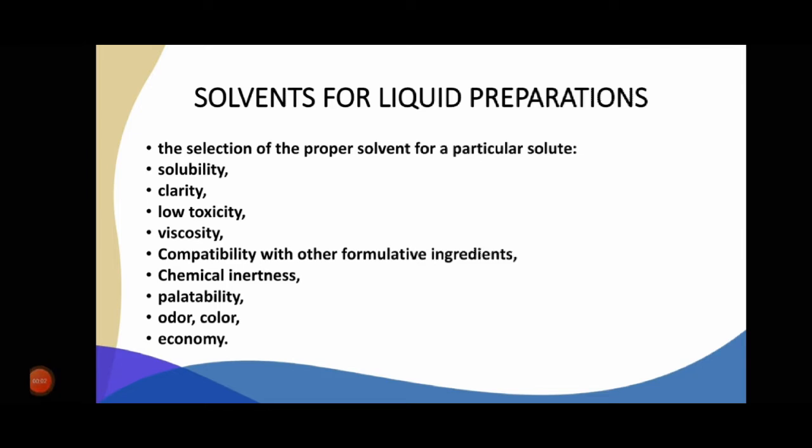Solvents for liquid preparations. A solvent is a substance that dissolves a solute, resulting in a solution. The selection of the proper solvent for a particular solute depends on solubility, clarity, low toxicity, viscosity, compatibility with other formulative ingredients, chemical inertness, palatability, odor, color, and economy.